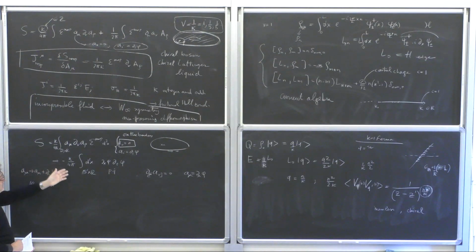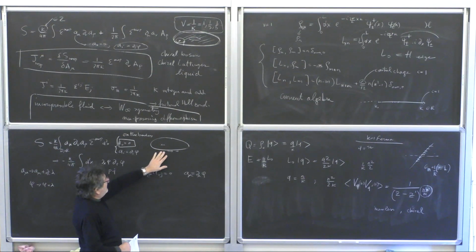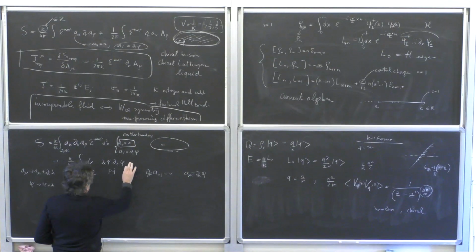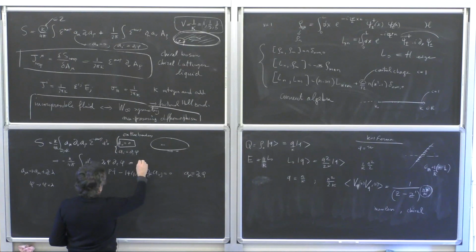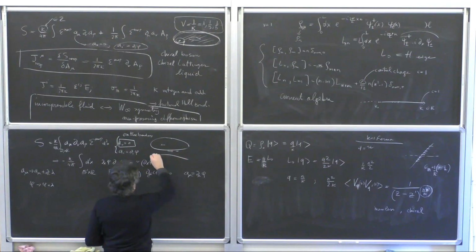I have to invent a dynamics because I know that the excitations on the boundary are waves. So I have to put a term, plus or minus, it's the same, h. So it's going to be p q dot minus h of p q, and this is v d_x phi squared. So this is the so-called Luttinger Hamiltonian.